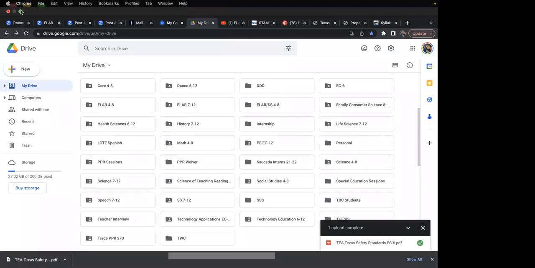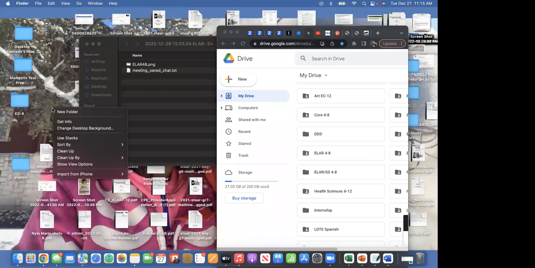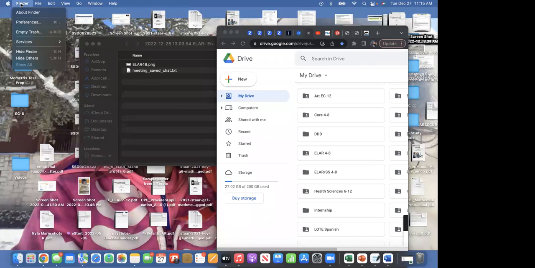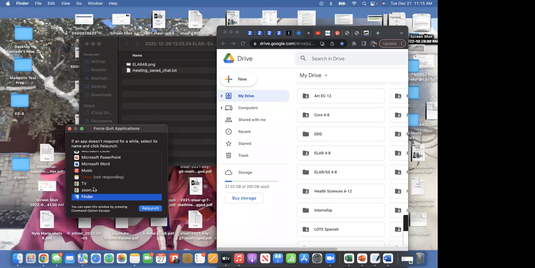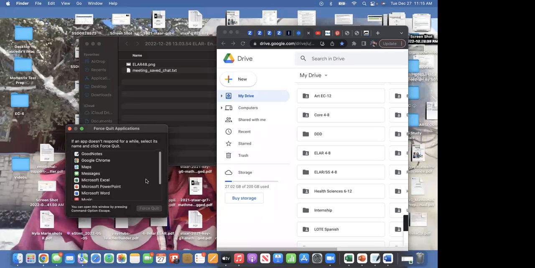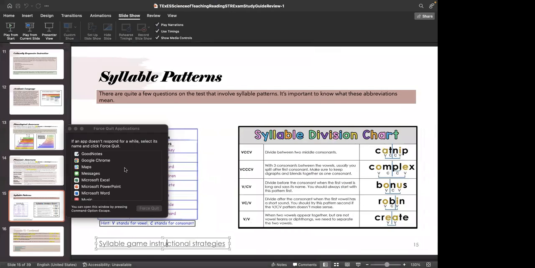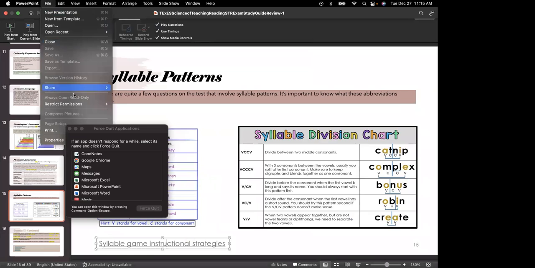So, where did my PowerPoint go? Oh, my PowerPoint is open. Where is it? Oh, here it is. So I'm going to file, share, send a PDF.